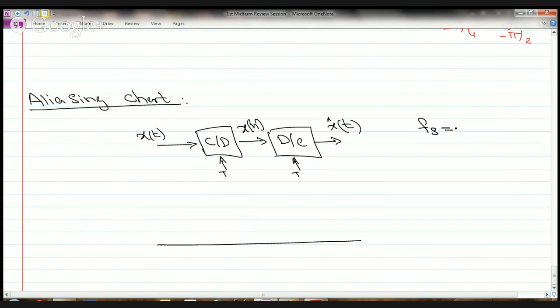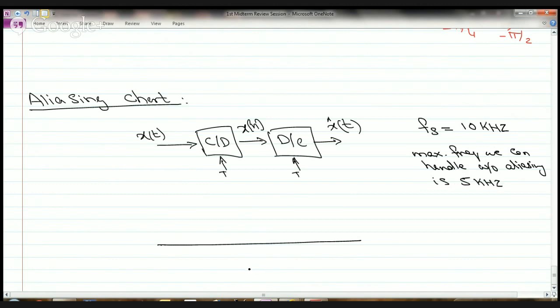Let's say the sampling frequency is 10 kilohertz. If you have a sampling frequency of 10 kilohertz, then the maximum frequency you can handle without aliasing is 5 kilohertz.